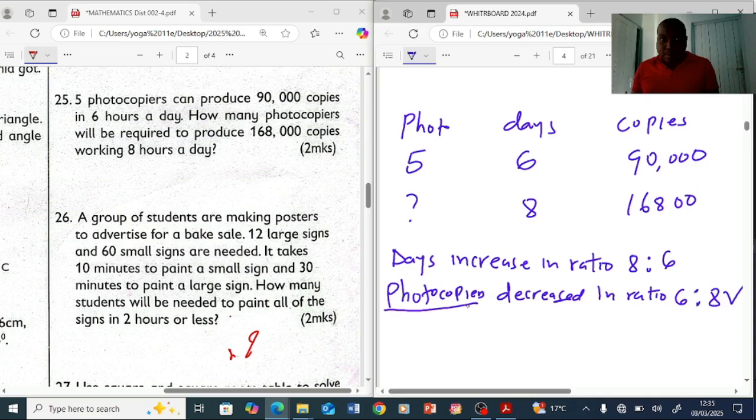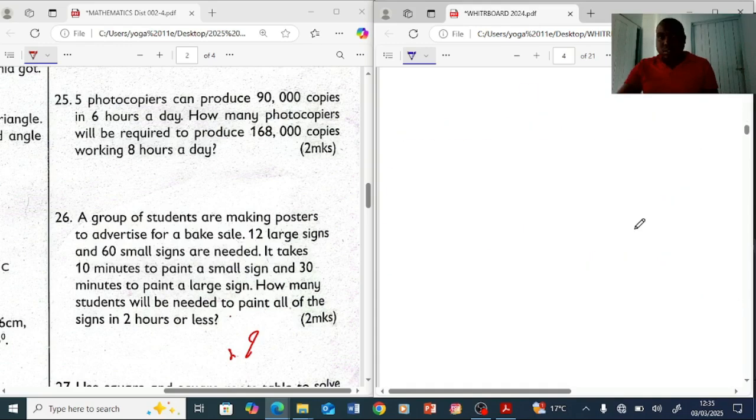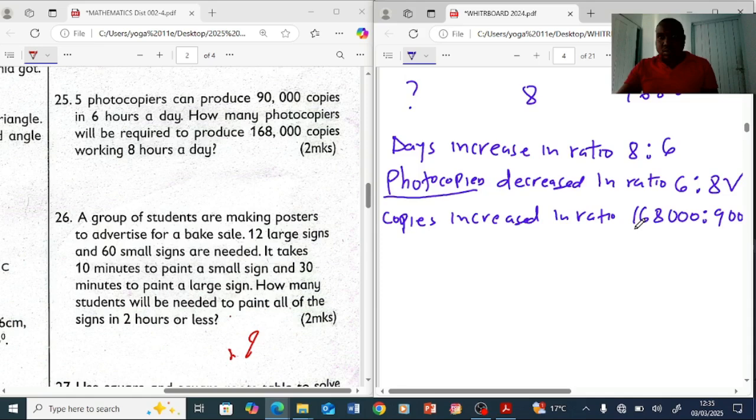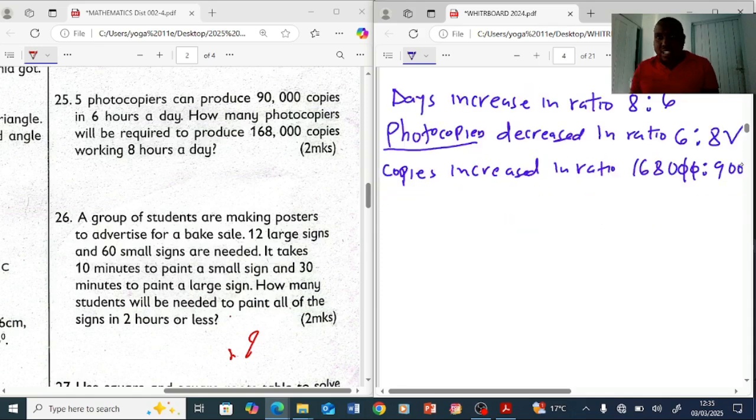Now let us look at copies. The copies increased in ratio. Increase, it means 168 to 90,000. So I can remove the zeros towards the ends, so that is in the ratio 168 to 900.